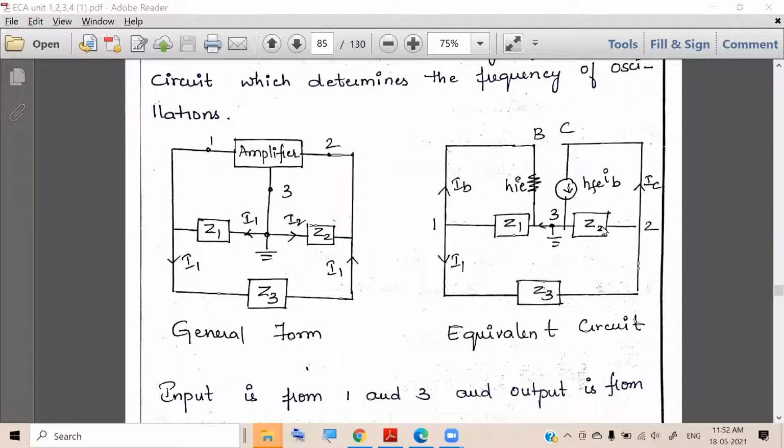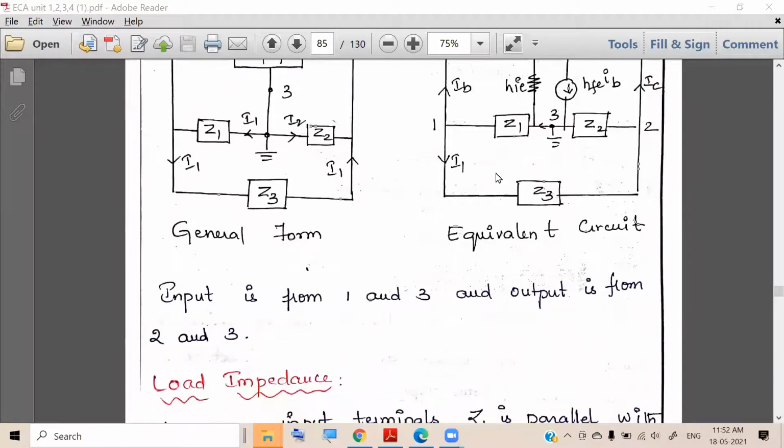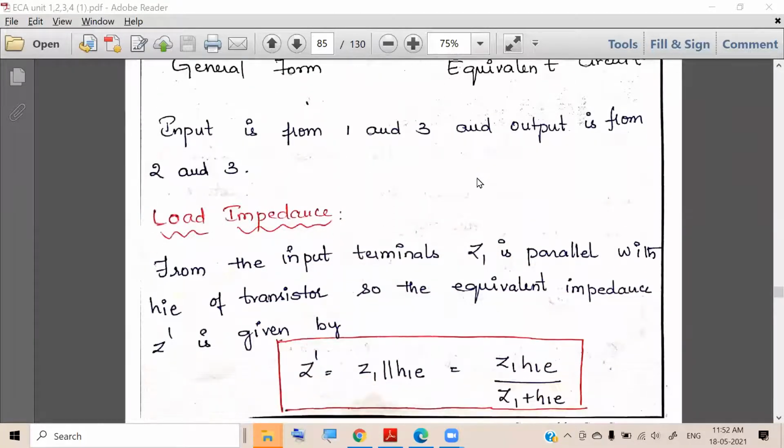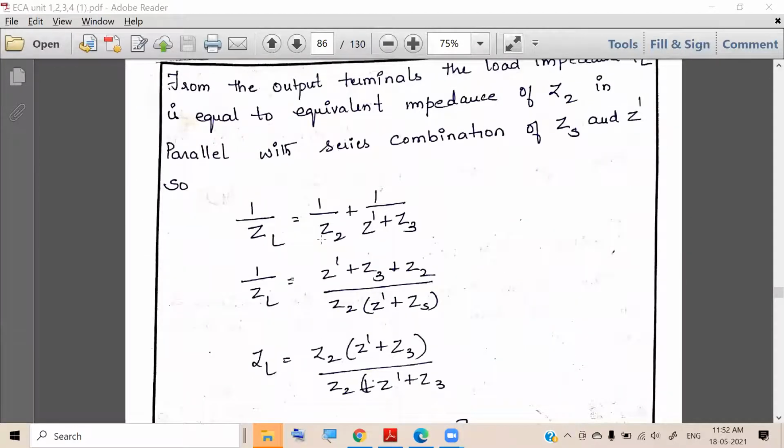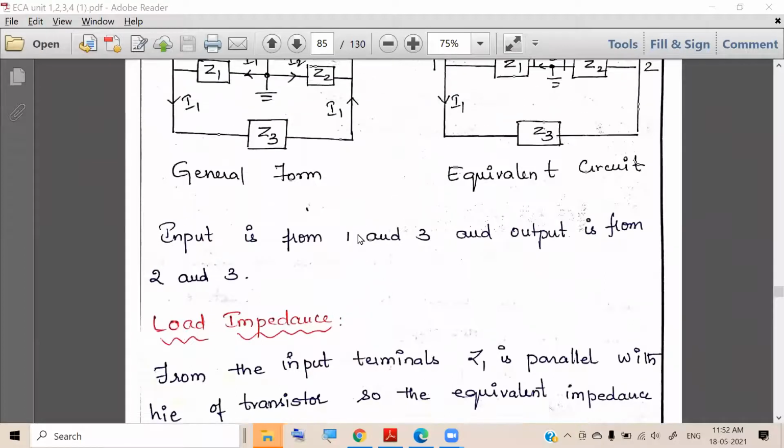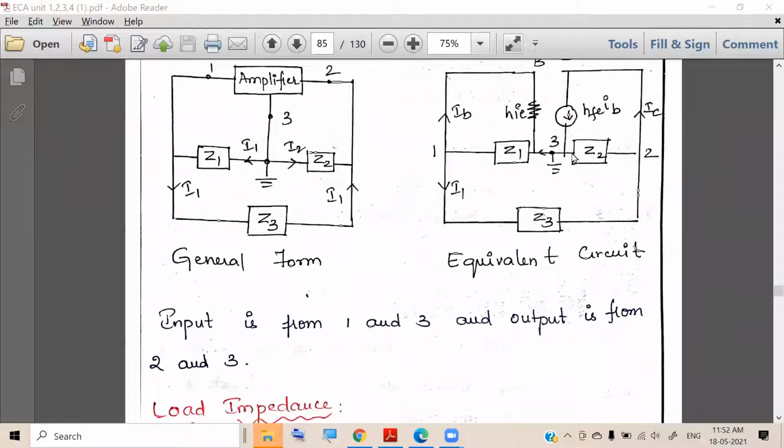So Z2 in parallel with Z3 plus Z dash. The overall load impedance ZL will be simply Z2 in parallel with Z3 plus Z dash.